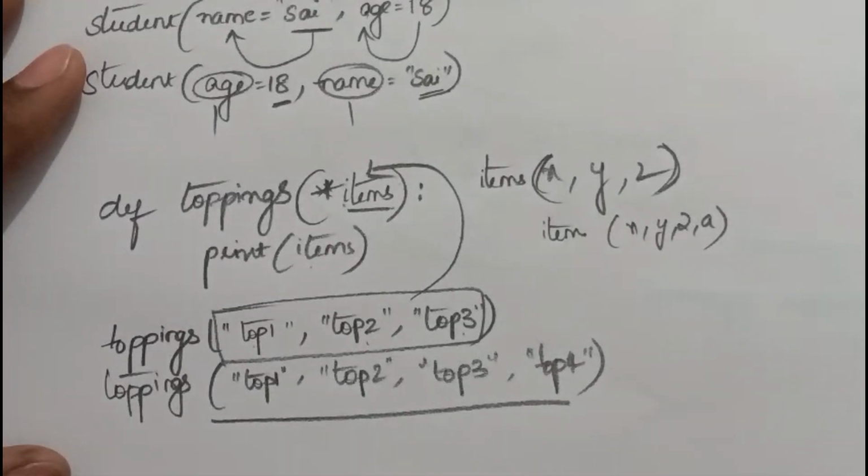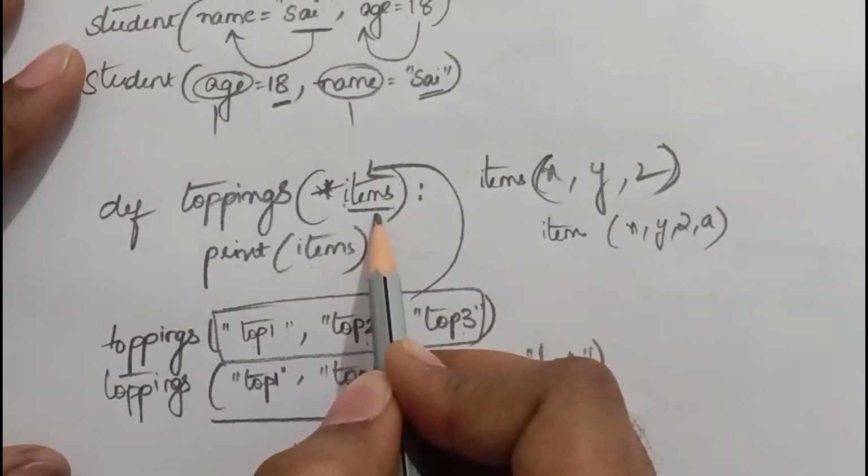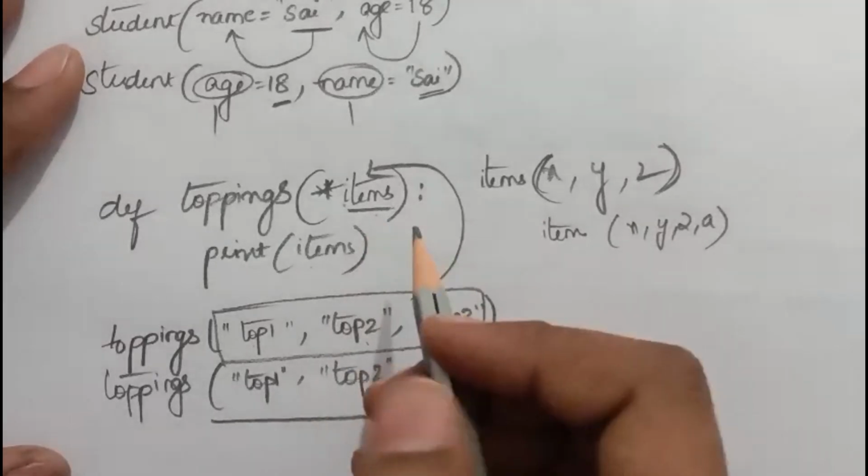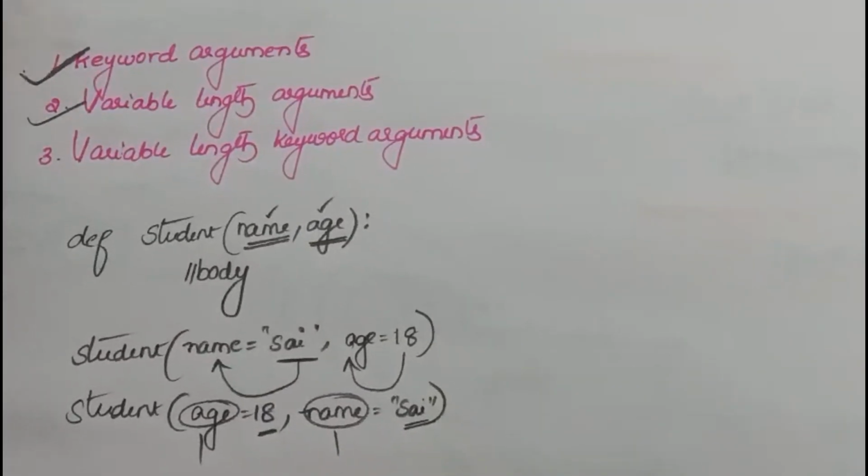Let's say that Python function we are calling just with 3 arguments, then items will store 3 values. If you call that function with 5 arguments, items will modify its length to 5. This is known as variable length arguments.